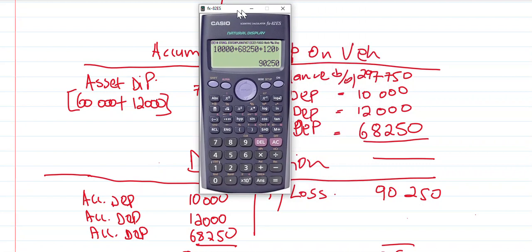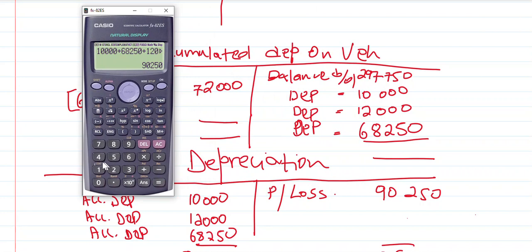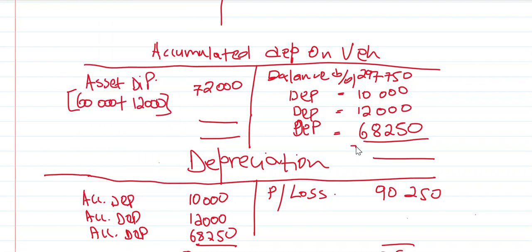So now 297,750 plus 10,000 plus 12,000 plus 68,250. This will give you 388,000. So just put this money both sides.